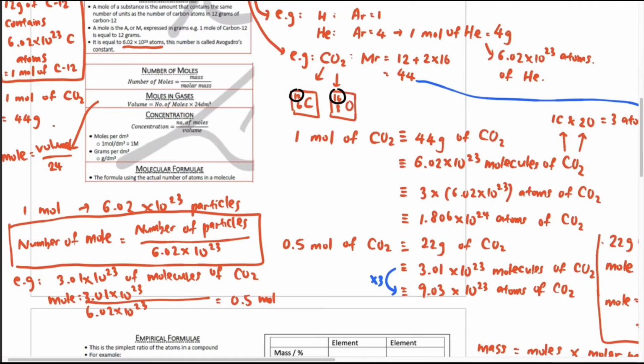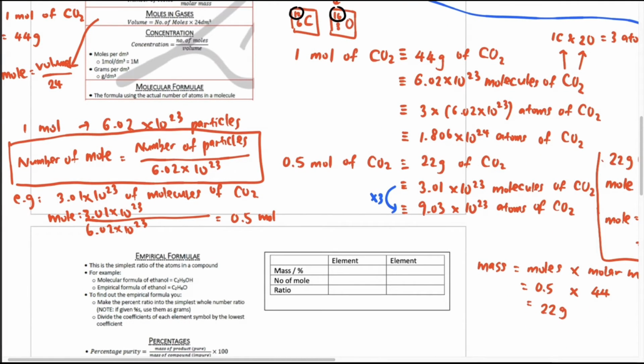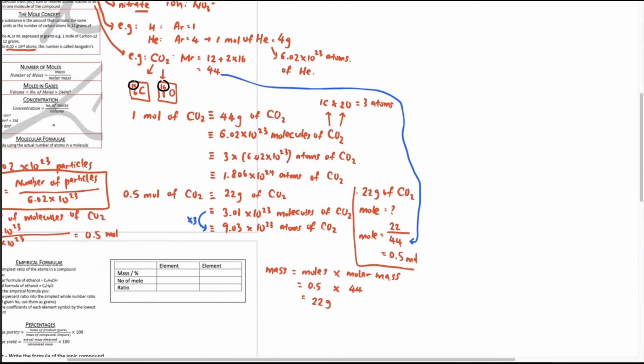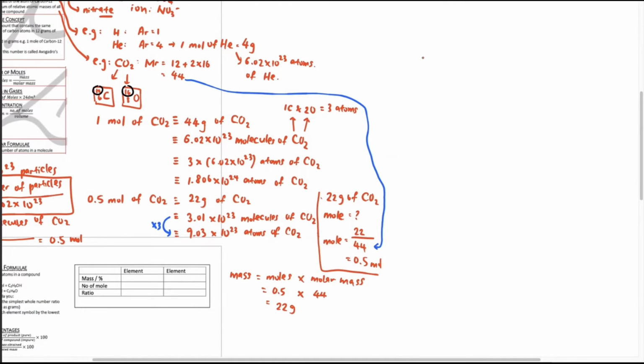Okay, so let's say for example, how we use this formula for the mole of gas. Let's put the example on this side. Carbon dioxide again. Let's say carbon dioxide occupied the volume of 500 cm cube. I want to find out the number of mole in this 500 cm cube.